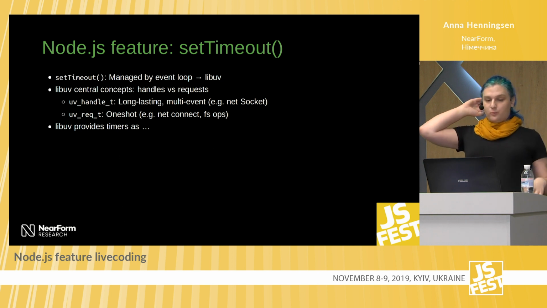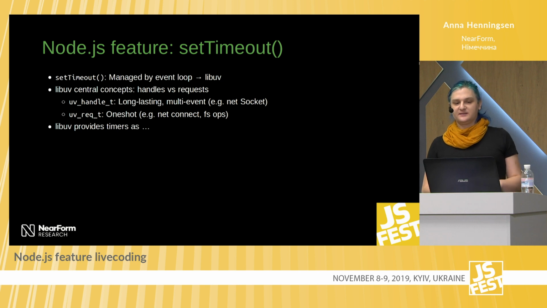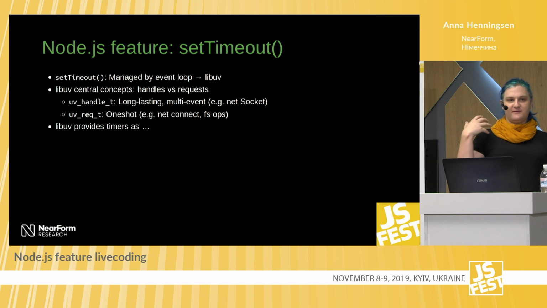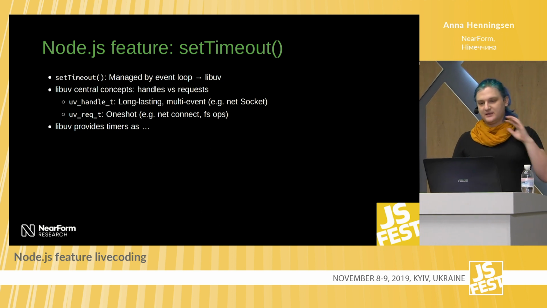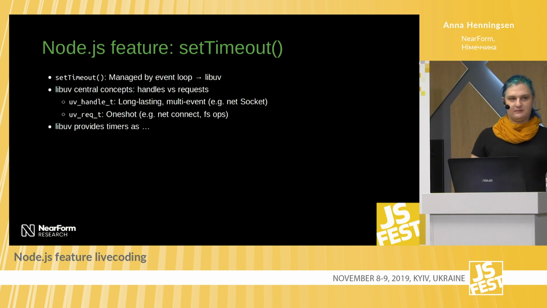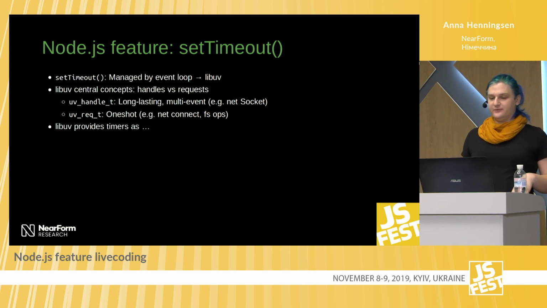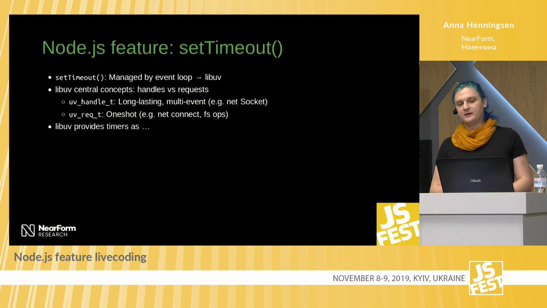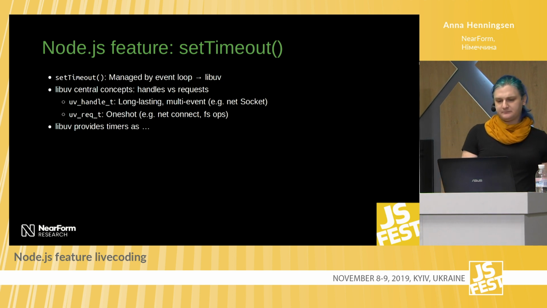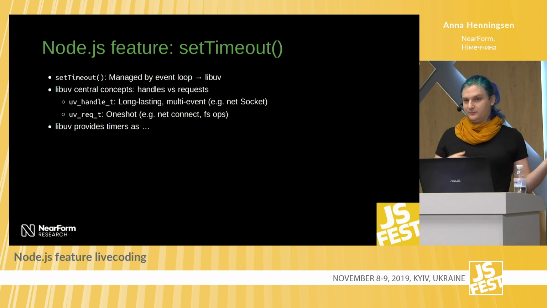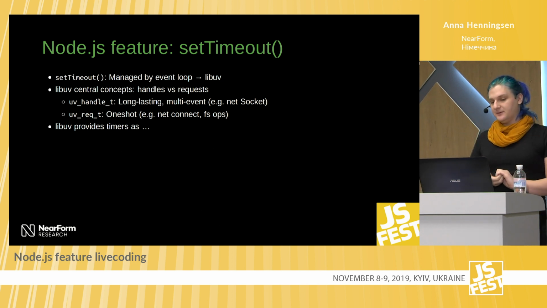Yeah, so one of the central concepts in libuv is, or two of them actually, are handles and requests. You can think of handles as kind of like event emitters, like for example, a socket that from time to time emits data events when it receives data, or, I don't know, file system watchers that emit information when a file has changed, something like that.